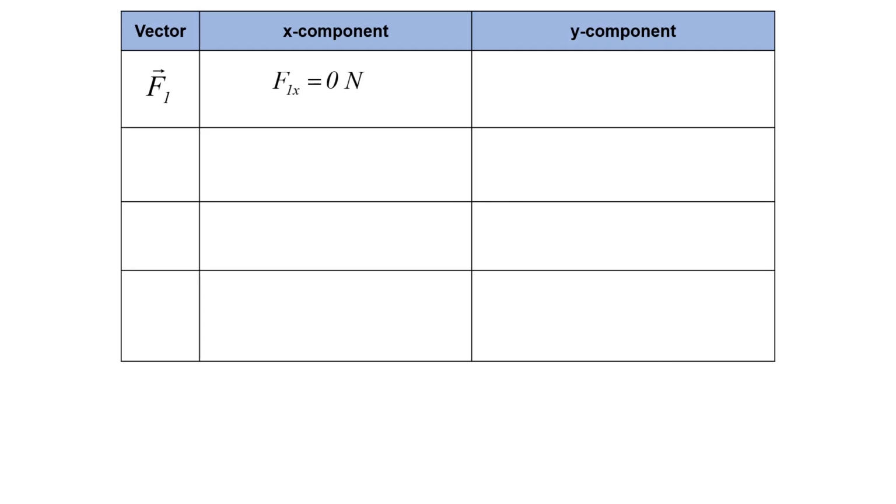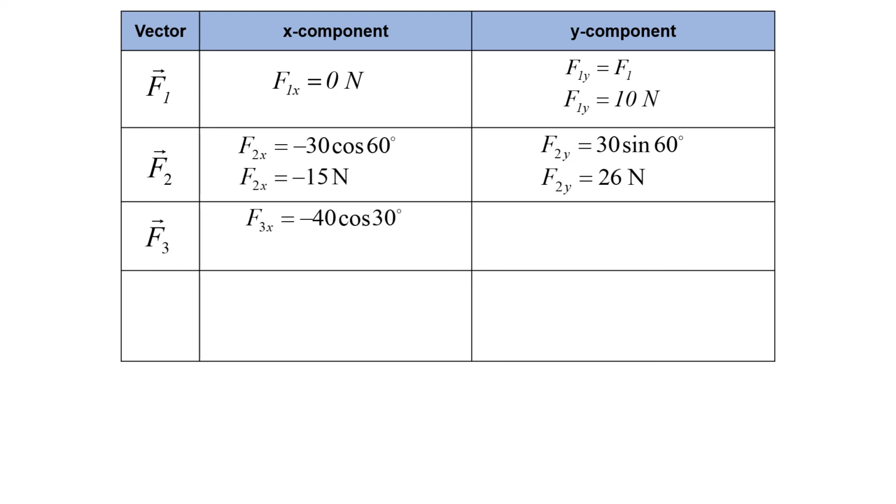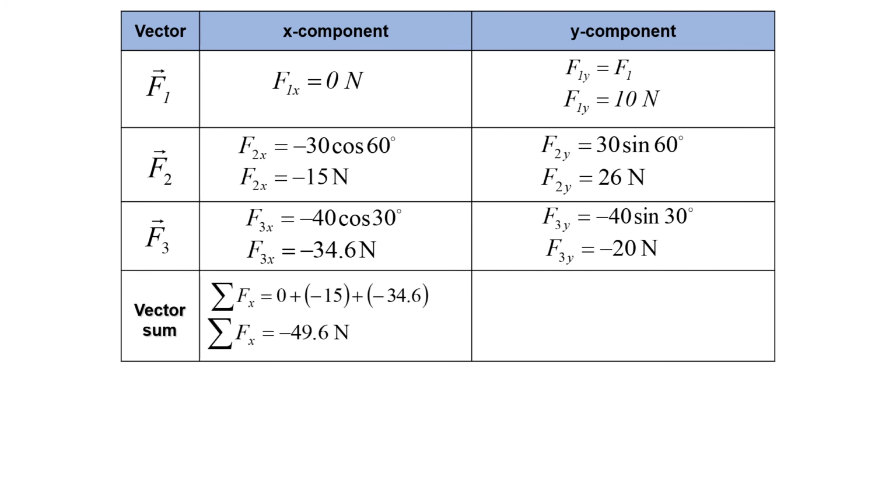This is the resultant calculation of all the forces. I have been doing the calculation, and this is the result. Finally, you have the summation of Fx as negative 49.6 Newton, and the summation of Fy as 16 Newton.